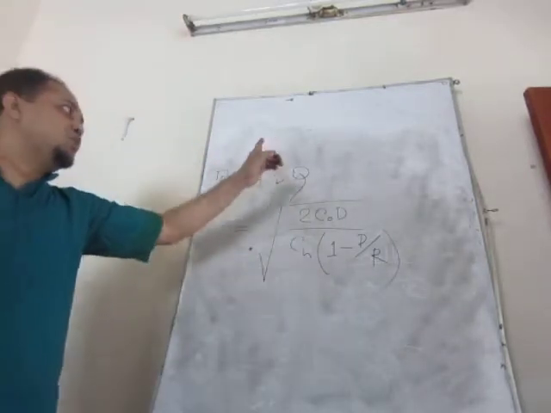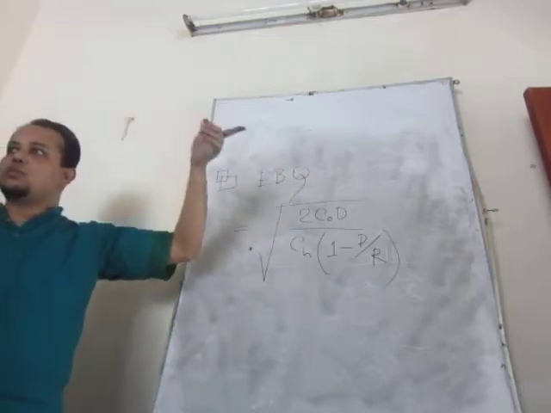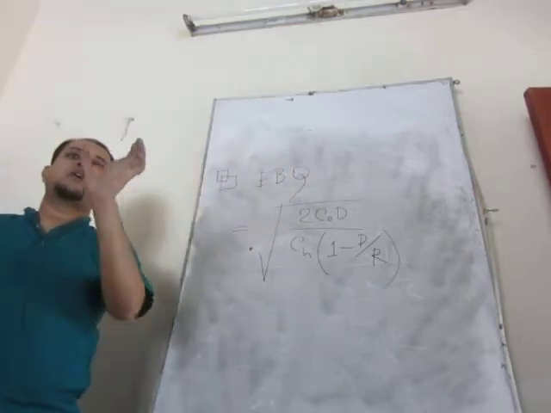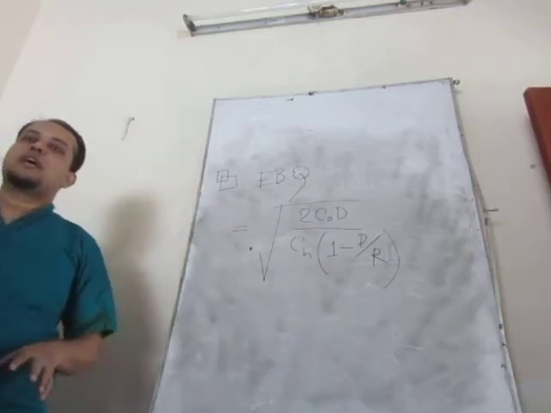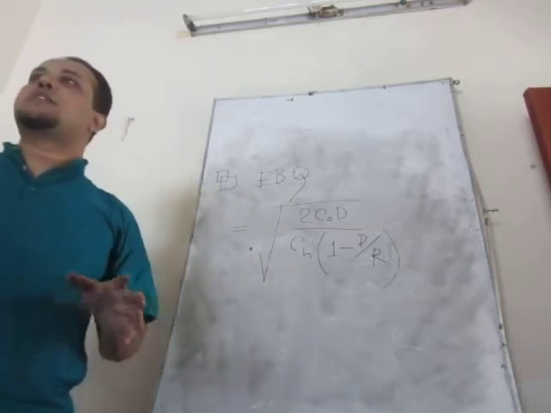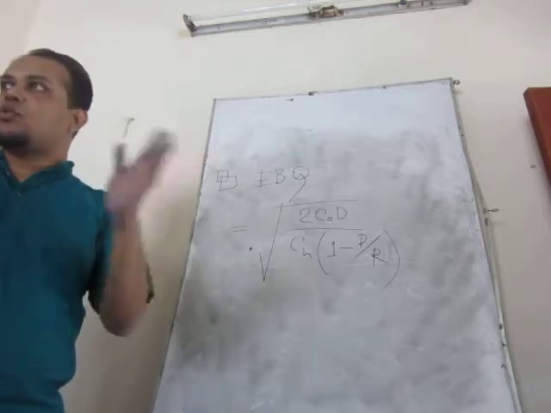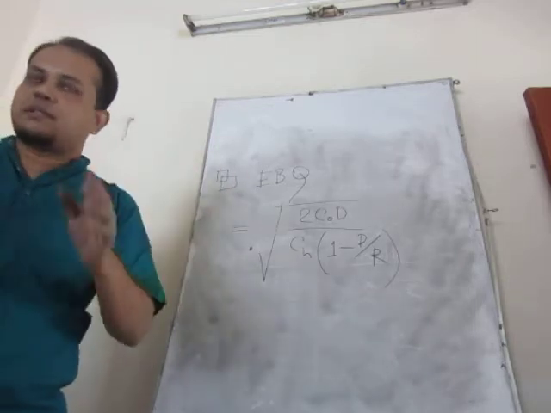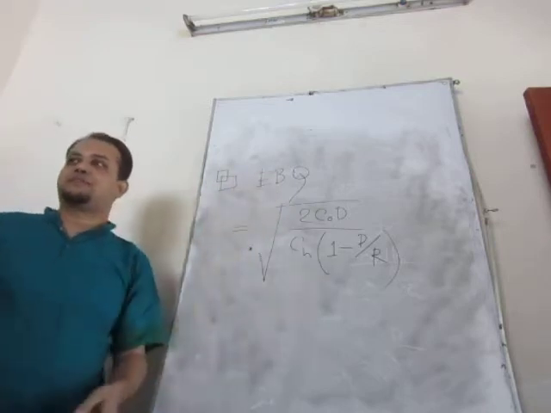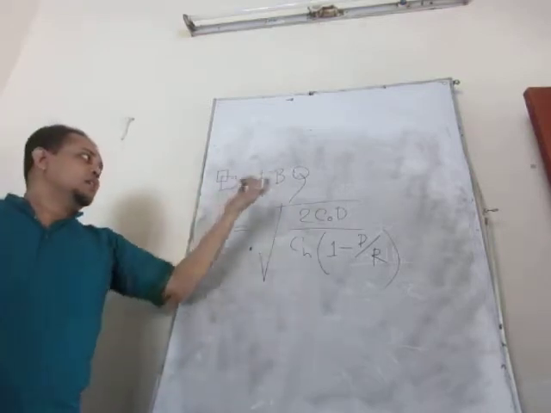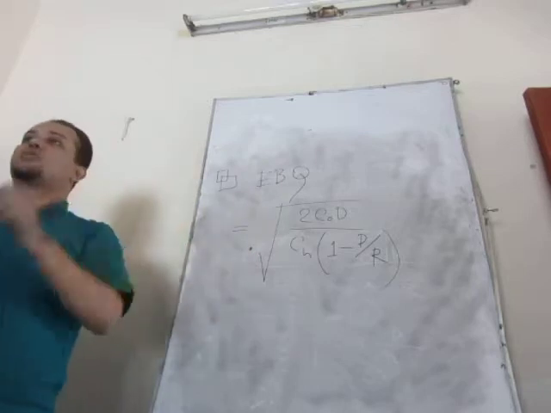At the time of EOQ, we said how much to be ordered and how much to be stocked, so that your stock related total annual cost, the stock holding related annual cost, is minimized. Here EBQ is something different. What is EBQ? Economic batch quantity.